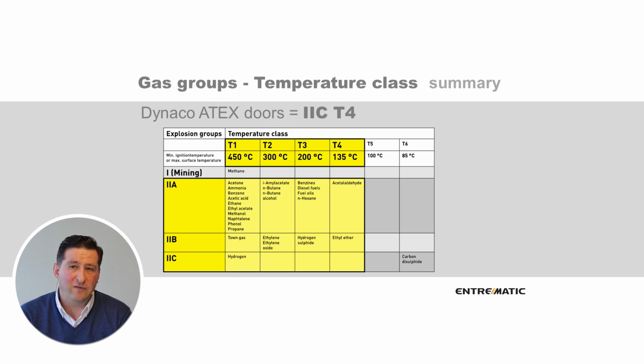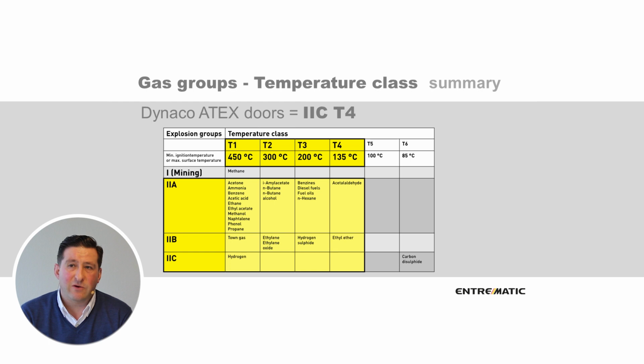So this has to do with the ignition temperature of a certain gas. For example, a certain gas will explode at 180 degrees. Our door can be used in that situation because by certification we will never reach 135 degrees, so for sure not 180 and for sure not 450 as in class T1.